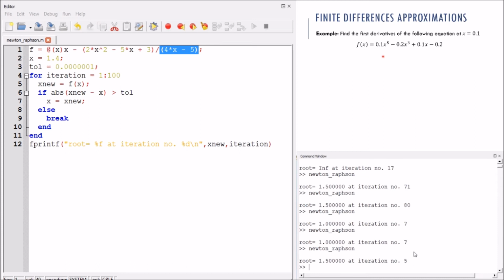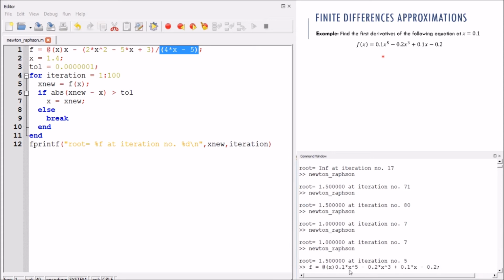So let's say f equals to at x 0.1 multiplied by x to the power 5 minus 0.2, sorry, multiplied by x to the power 3 plus 0.1 multiplied by x minus 2.